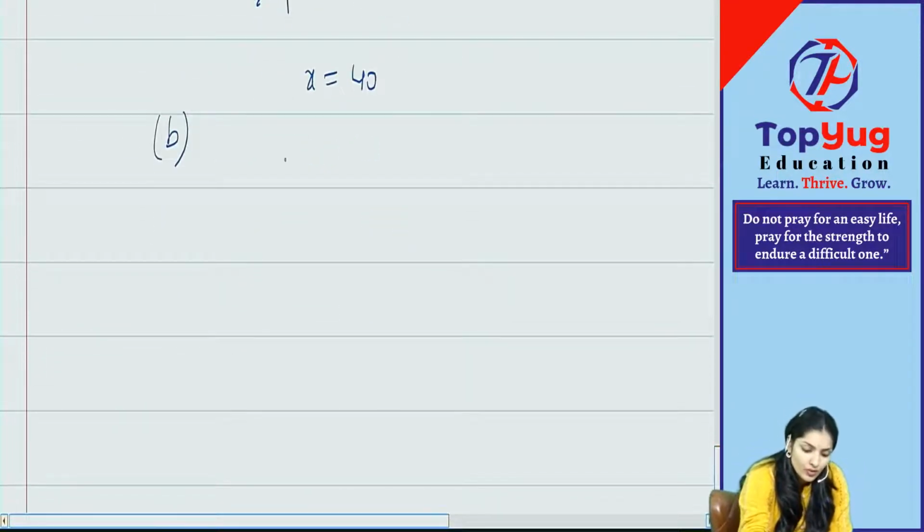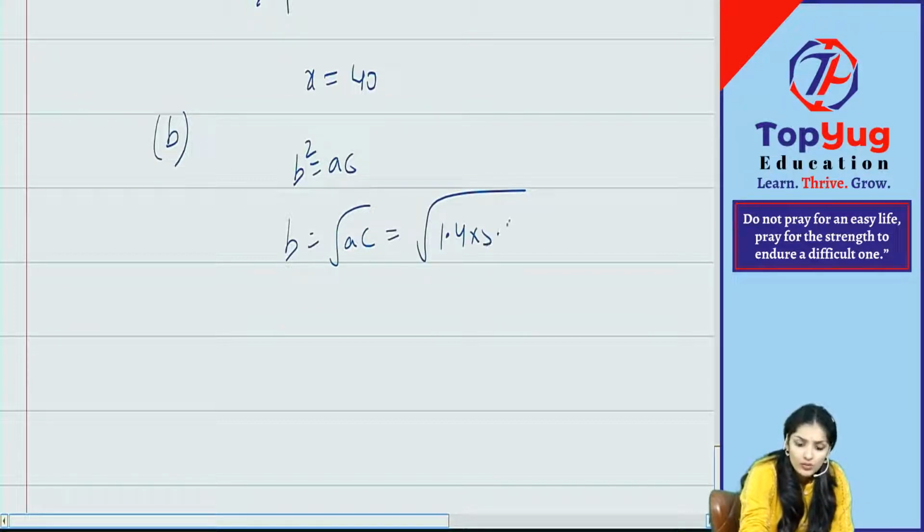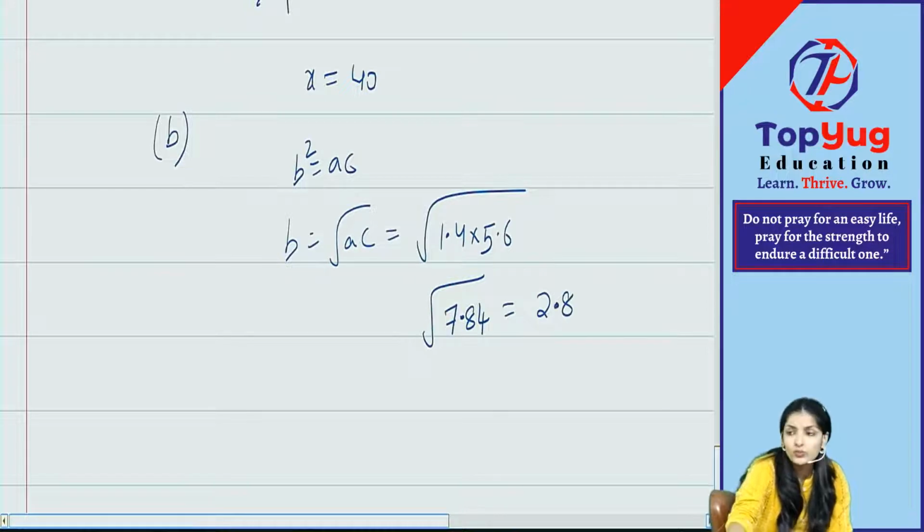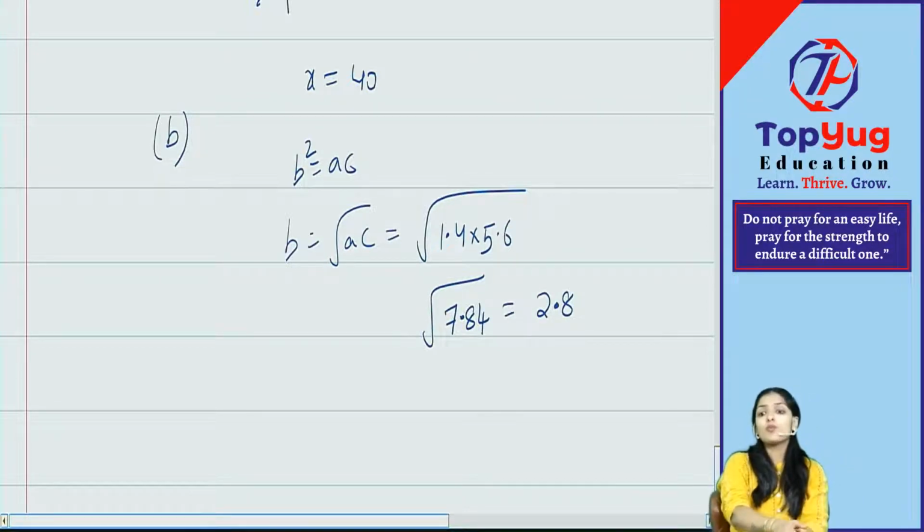Tell me the question. 1.4 into 5.6. Use calculator and then do it. How much, ma? 1 minute. 7.84. Square root it. 2.8 only, no? Yeah. Guys, get calculators from tomorrow, everyone. Okay?